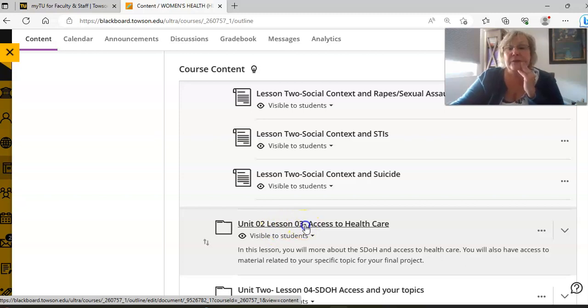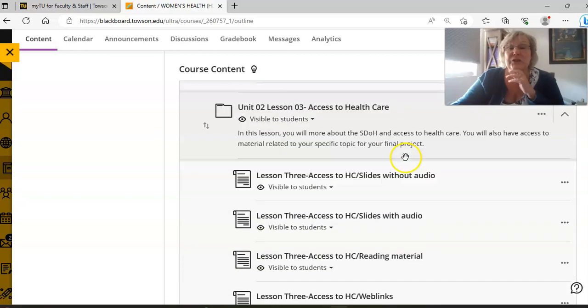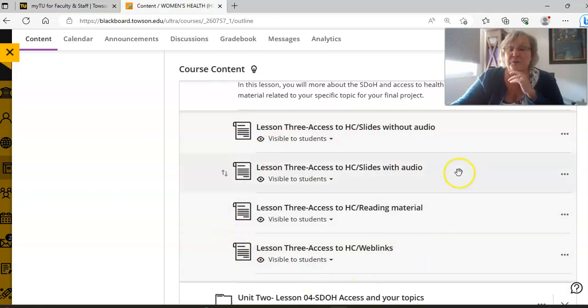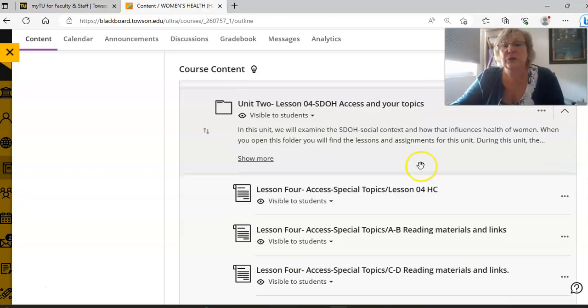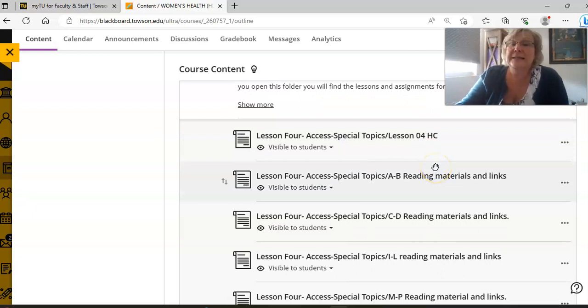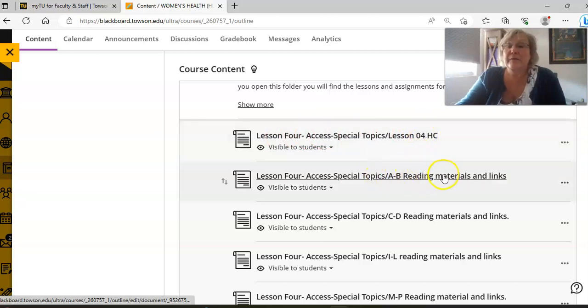Then you have Lesson 3, which is on access to care. It's just like Lesson 1. There are some general things here you need to do, read, listen to. And then Lesson 4 is set up like Lesson 2, where there are access topics related. So this is an overall view of Lesson 4, and then you have your topic.